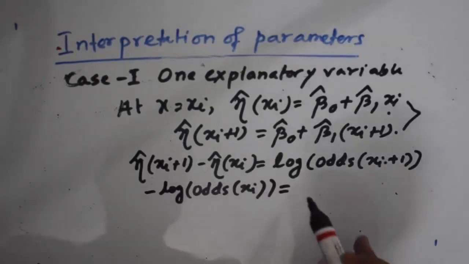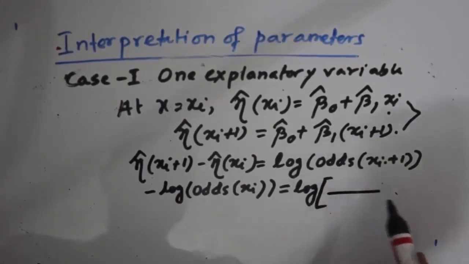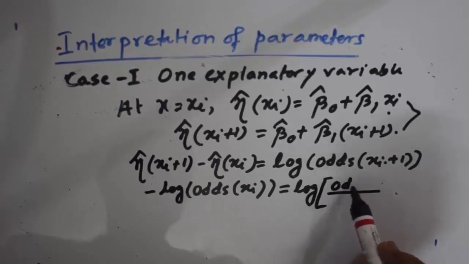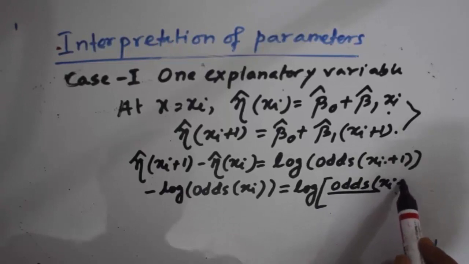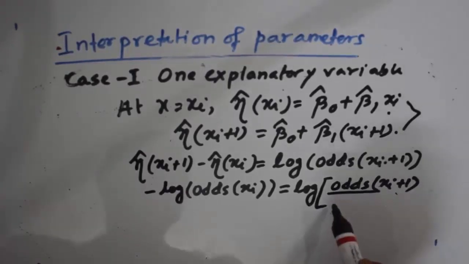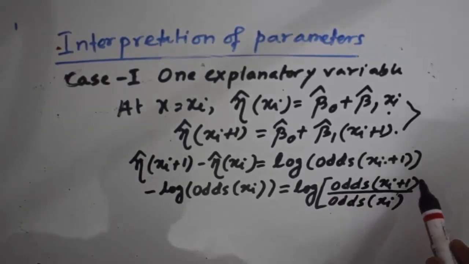This is equal to log of odds xi plus 1 by odds xi.